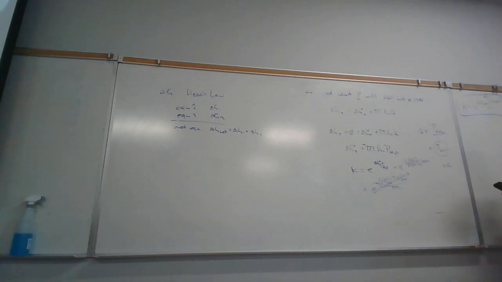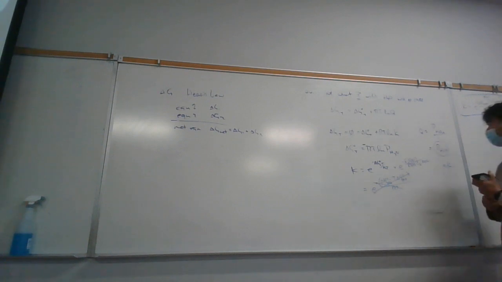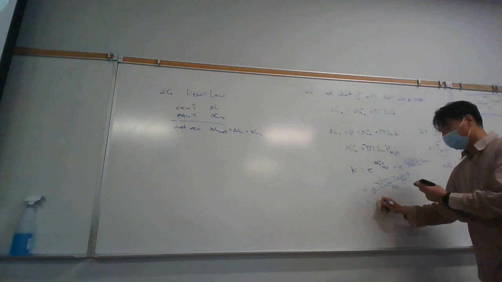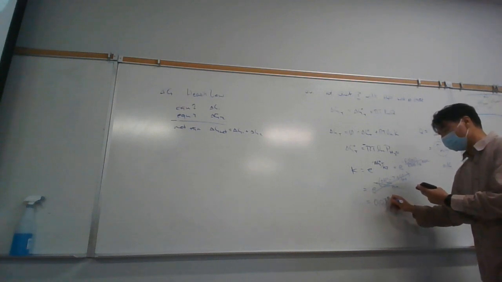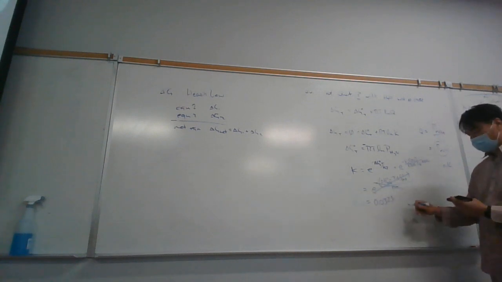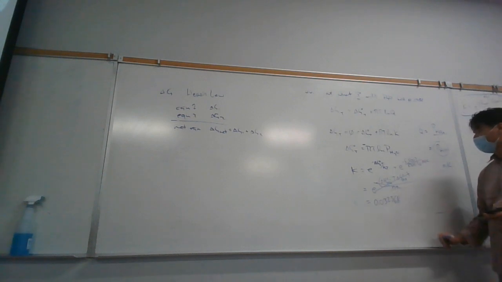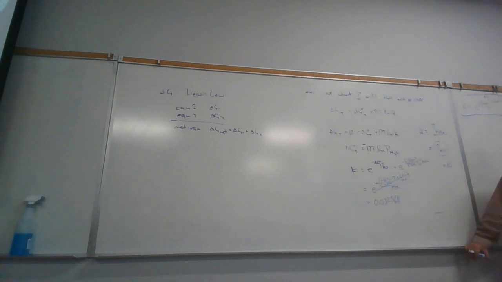So, negative 8,500 divided by 8.3145 divided by 298 equals, we'll take e to that. This is what we come out with: 0.032368. What would the units on this be?